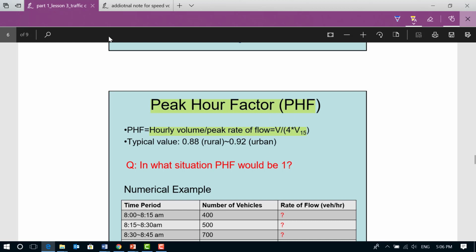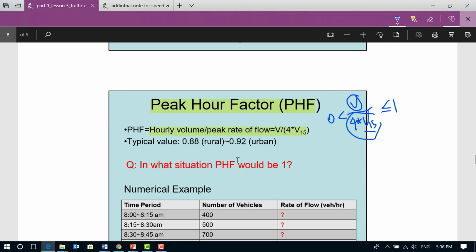You agree the PHF is always less than 1, because it equals V divided by 4 times V15. V15 is the largest 15-minute volume, and V is just the sum of all the V15s. Both numbers are positive values. That's why PHF is greater than 0 and should be less than or equal to 1.